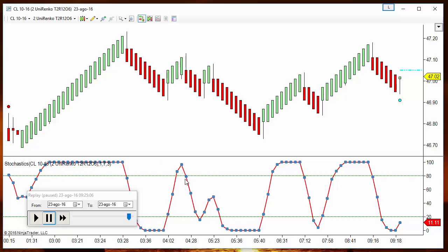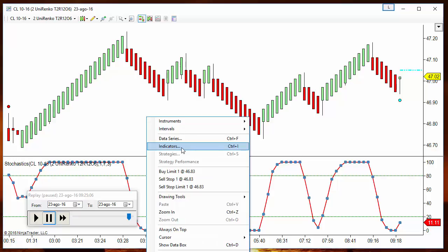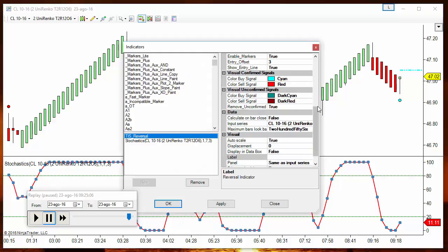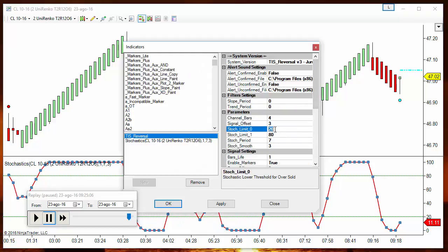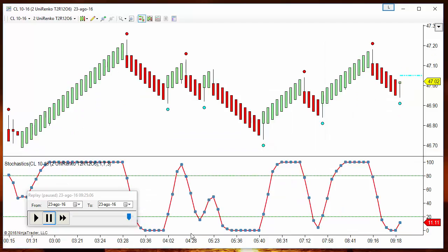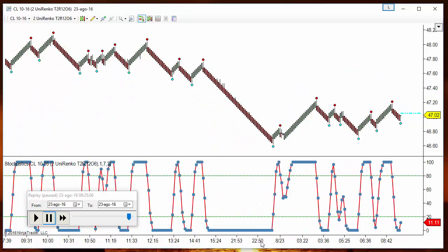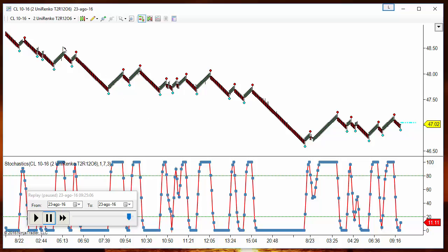For the short signal, this dot is at 78. We are using a threshold of 80. Usually for this configuration, a threshold of 30 and 70 works very well, and we can see the signals that we get.